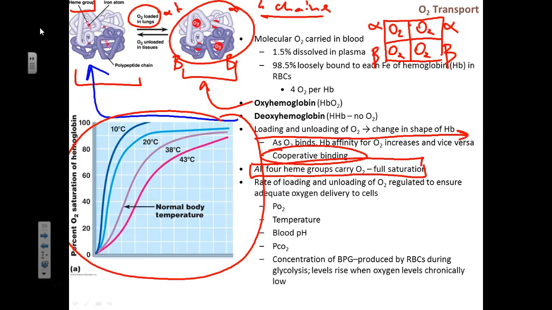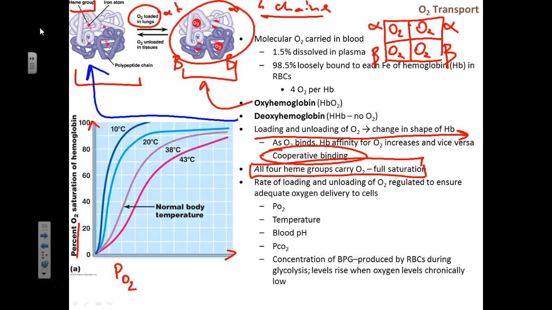So this graph has an x-axis and a y-axis. On the x-axis is the oxygen in the lungs, or, well, it shouldn't be in the lungs. Let's put it in a different way: partial pressure of oxygen.